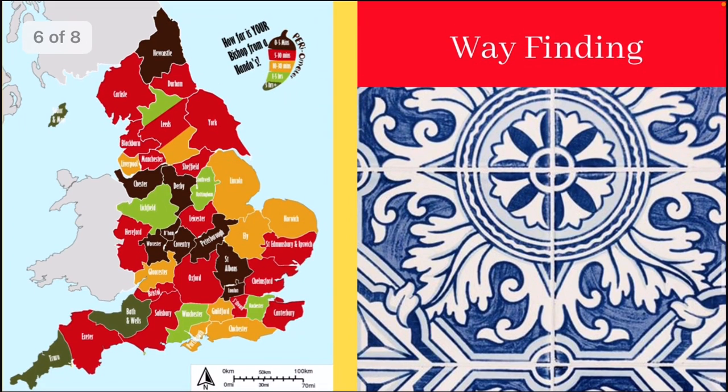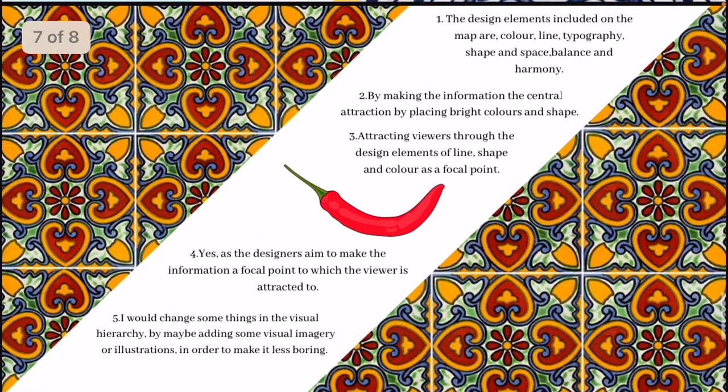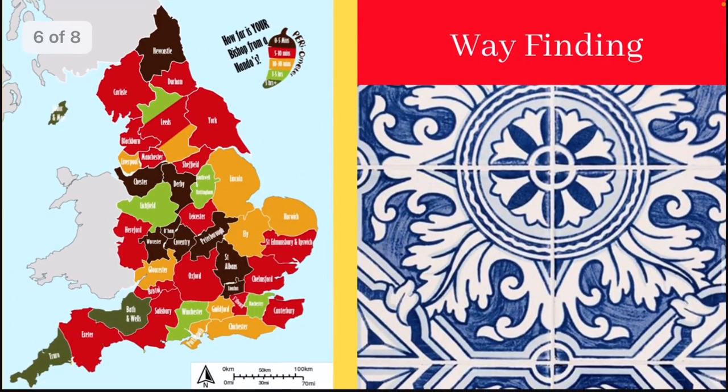So this is my wayfinding infographic, and this is the information below it, but I'll be yet again placing it here so I can just talk about it. So the design elements I've seen here are color, line, shape, space, emphasis, balance, and typography.